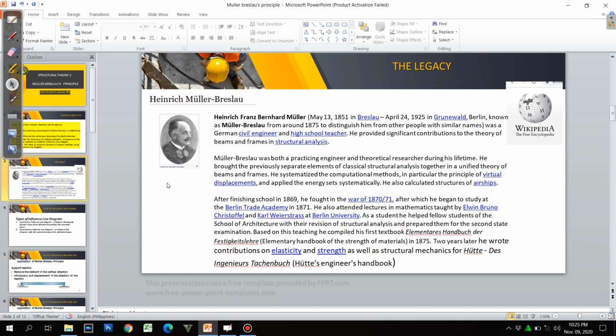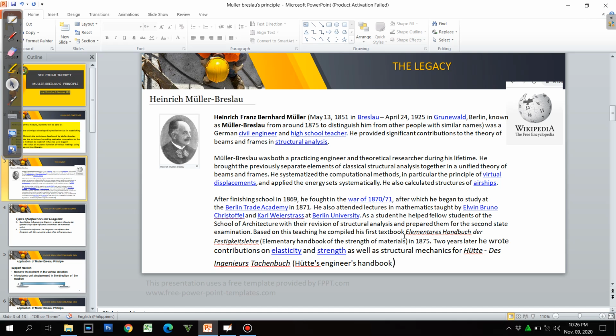That is why one of the principle in establishing ILD is the Mahler-Breslau principle. As a student, he helped fellow students of the School of Architecture with their revision of structural analysis and prepared them for the second state examination. Based on this teaching, he compiled his first textbook.